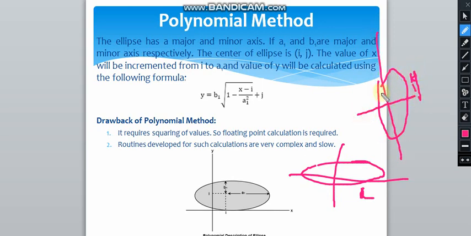The center of the ellipse is i comma j, and the value of x will be incremented from i to a1.